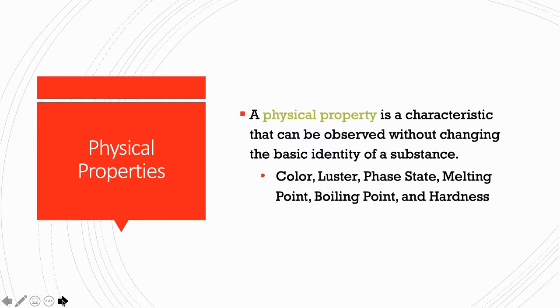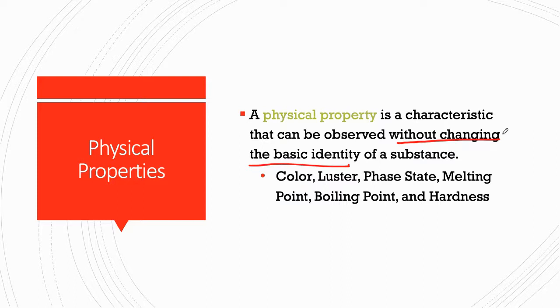So physical properties are characteristics that we can observe and use to describe a substance, but in the process of having this physical property, the matter or the substance will not change. Its identity stays the same. That's a key, and it will make sense to you shortly. But when we're talking about a physical property, the substance that we're talking about stays the same. Its identity does not change.